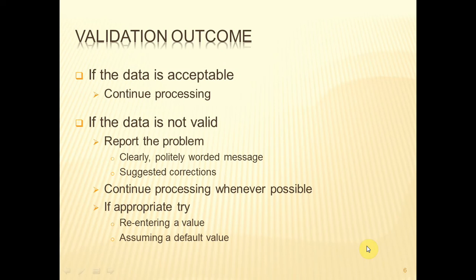And it might be, for example, appropriate to ask the user to re-enter and just keep re-entering until the user gets the message and gets it right. Sometimes that's not possible. Other times you might want to assume a default value. If the input data is invalid, assume some kind of default value and then process with the default value. The strategy that you use is going to depend very much on what your client wants. So you'll always have to do this in consultation with the client.